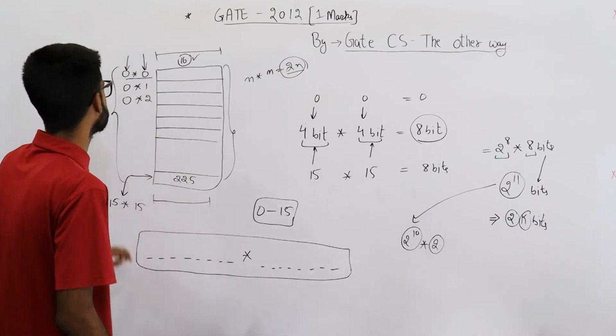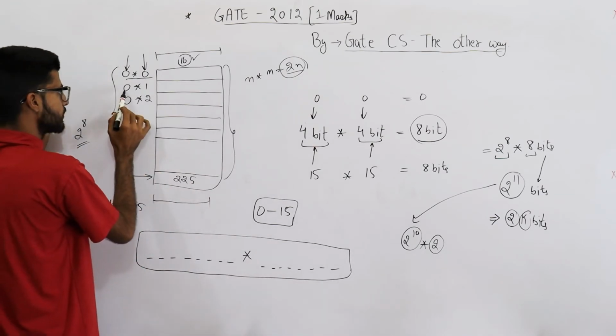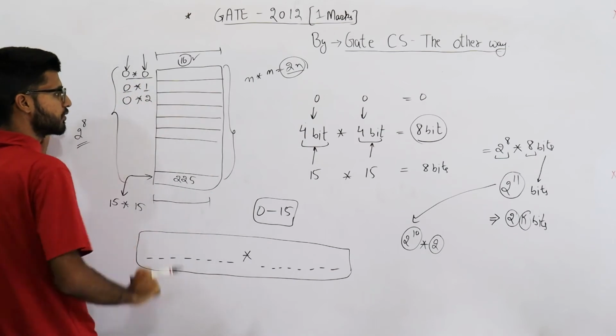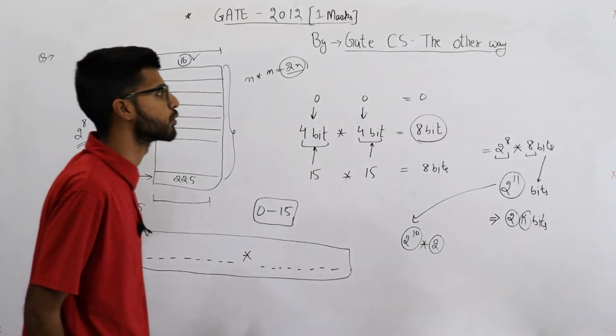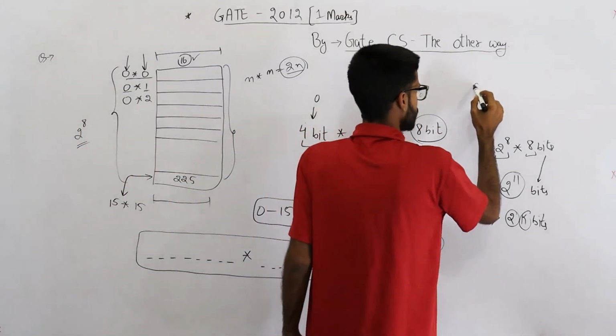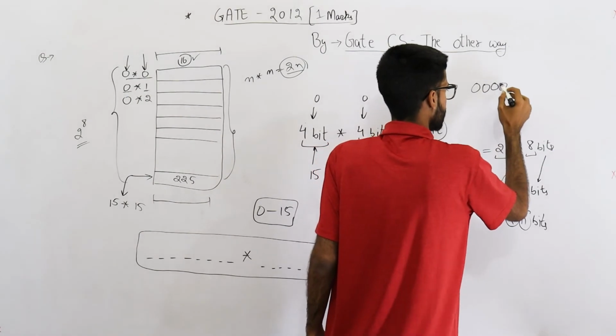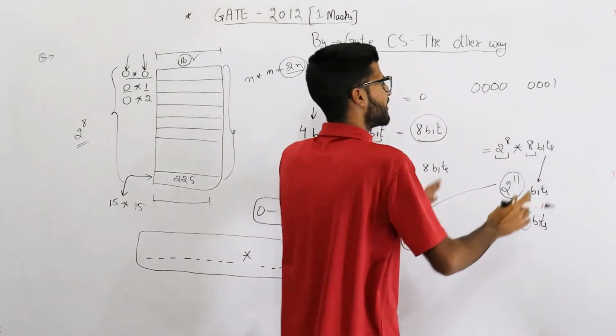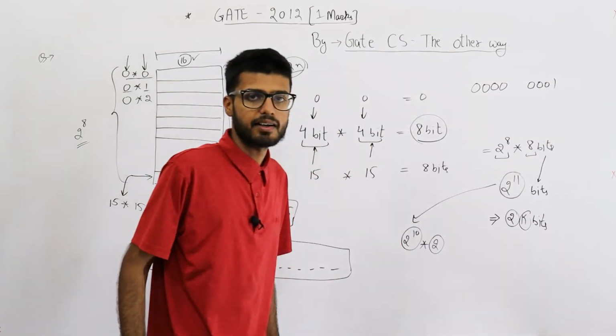How did I get that? You see, this is 0 times 1. In the previous question, it was a 4-bit number. This 0 is a 4-bit number and 1 was also a 4-bit number. Writing 0 in 4 bits and 1 in 4 bits, we get this. Now this could be used as an address.